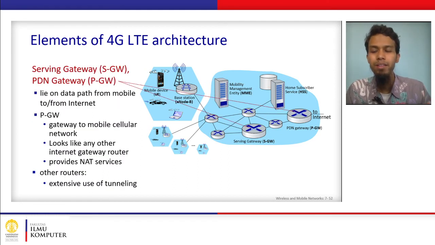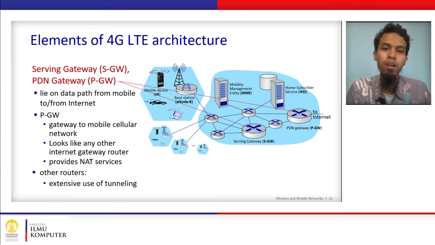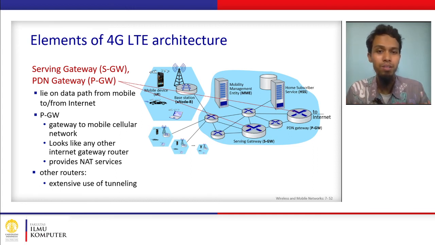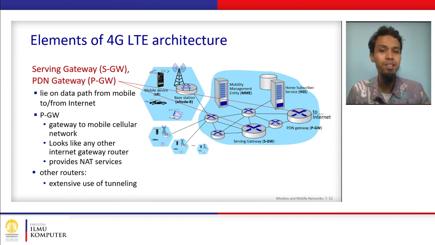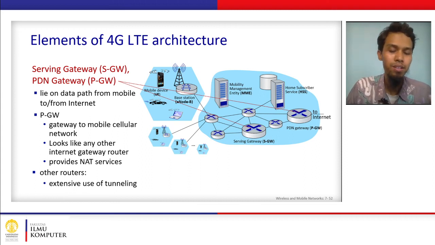All right, now, the serving gateway and PDN gateway, packet data network gateway. As I said before, we can make the analogy between these gateways, serving MSC and MSC gateway, with routers. So now, in this LTE, the PDN gateway is really the gateway to the internet.